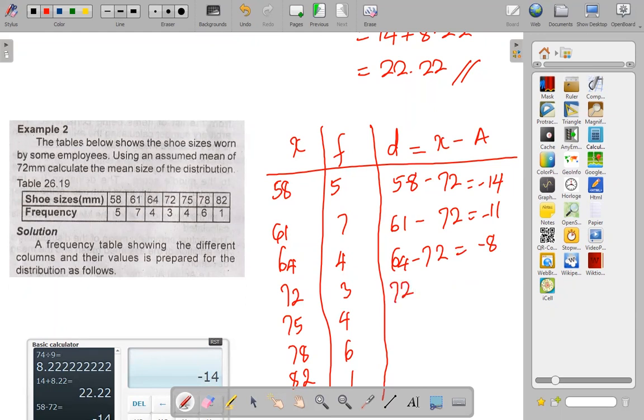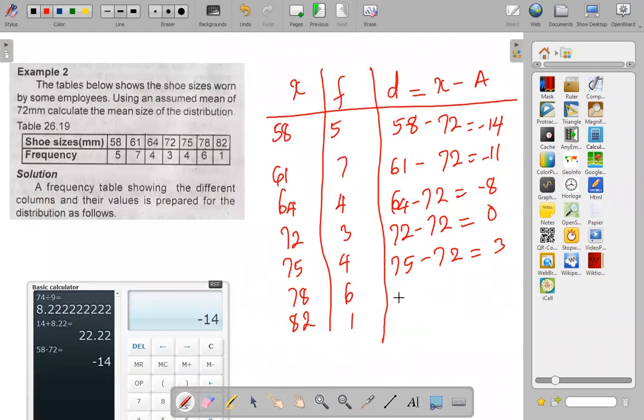Then 72 minus 72 is 0. 75 minus 72 is 3. 78 minus 72 is 6. And 82 minus 72 is 10.